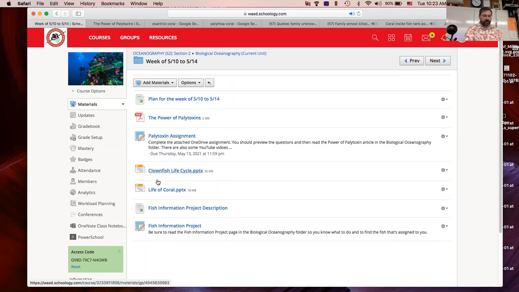Then Thursday and Friday, we'll talk about clownfish life cycle and life of coral, and then we'll get into actually doing some work with physical coral, so you can see both soft coral and hard coral and the ways in which it naturally gets propagated or spread, and the way we propagate it in our aquariums for display and for research. And then we're going to do a thing called the Fish Information Project too.